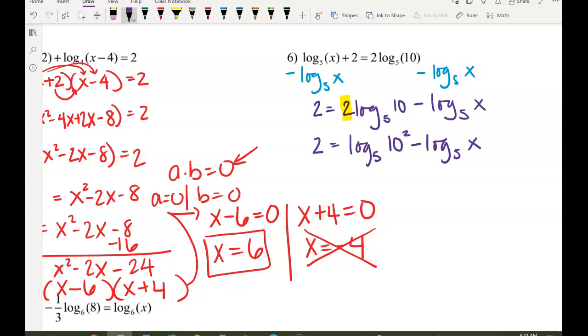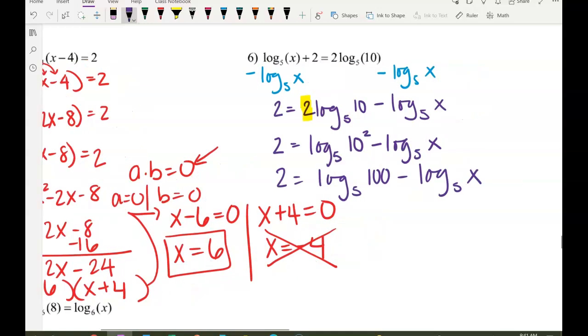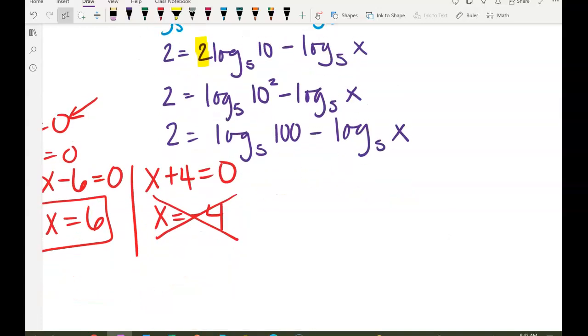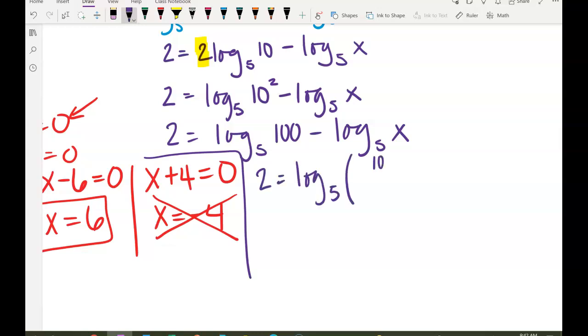What's 10 to the second? 100. There's also a subtraction of 2 logs. What would those be rewritten as? Subtraction in log will become what? Division, right?